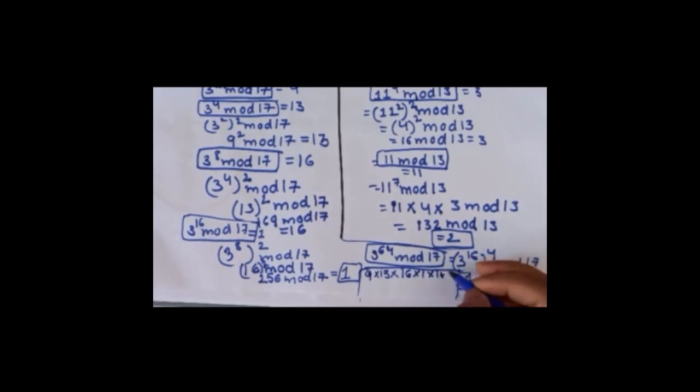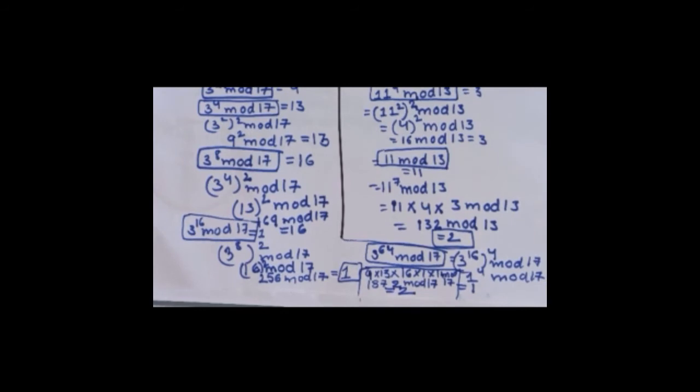To this we'll be finding mod 17. When you multiply all these terms, 9 into 13 into 16 into 1, you can ignore that 1. 9 into 13 into 16 is 1872 mod 17. That is, you have to find out when you divide 1872 by 17, what will be the residue? The residue is 2. So this is the answer.